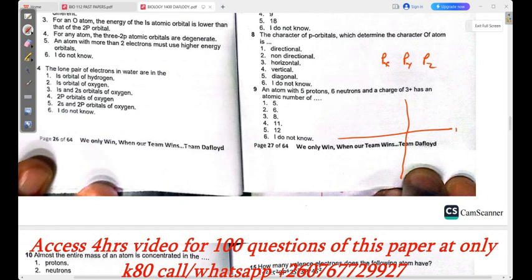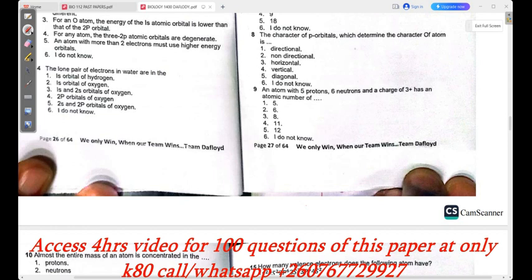So this is going to be the px. This one is the py. Then you also have this one, which is the pz. That's how the p orbitals are arranged. So you have some orbitals which are like this, some orbitals like that. So it has got planes. That is the p orbital, and we say that it resembles the clover leaf.